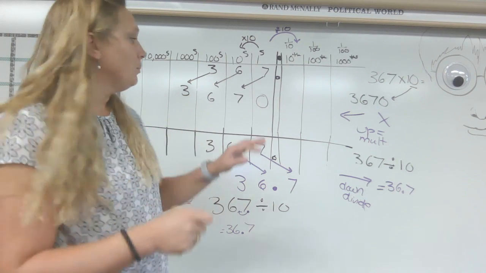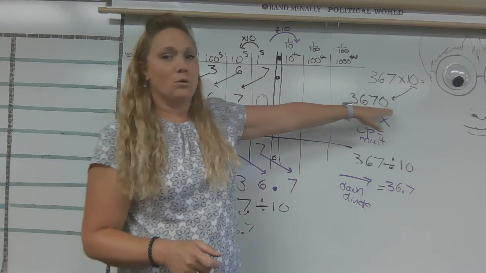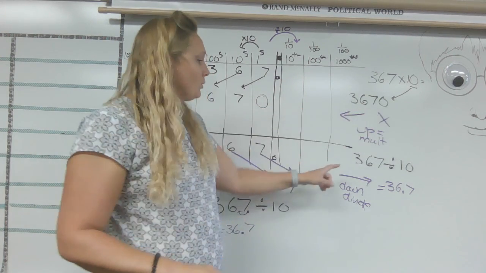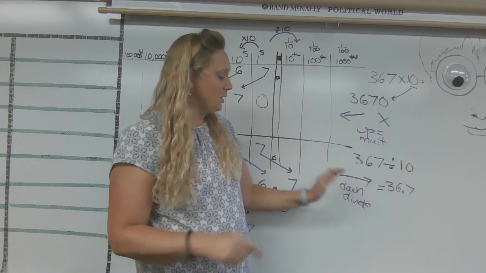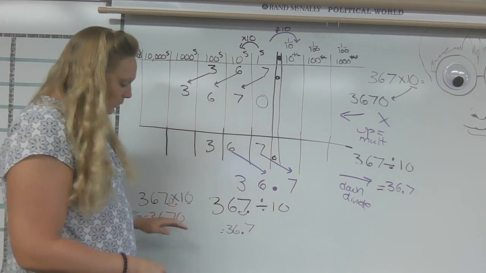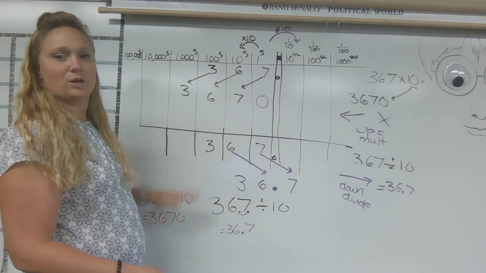shifting the numbers. But if you understand that when things are 10 times bigger, you're putting a 0, or if something was 100 times bigger, you would put 2 zeros, or something was 100 times smaller, you're just shifting it down 2 spots. But we're getting to the point where we can start doing it without needing to draw it in a place value chart.